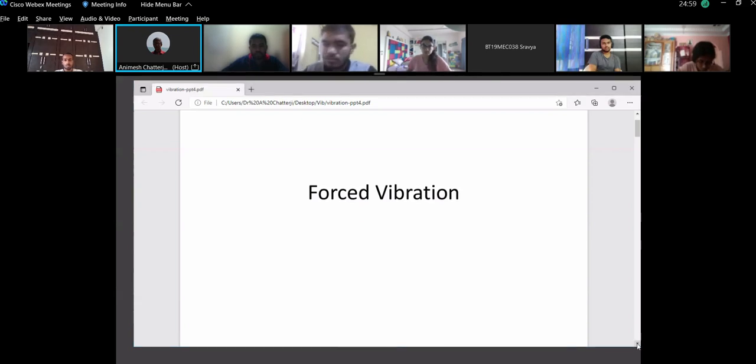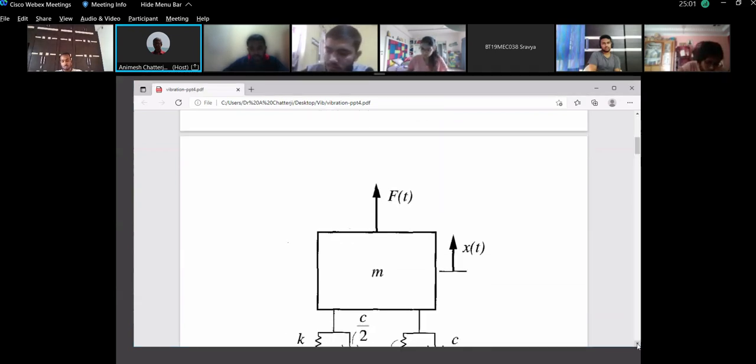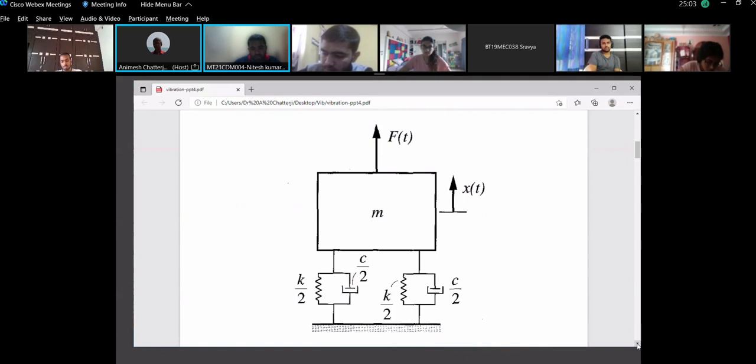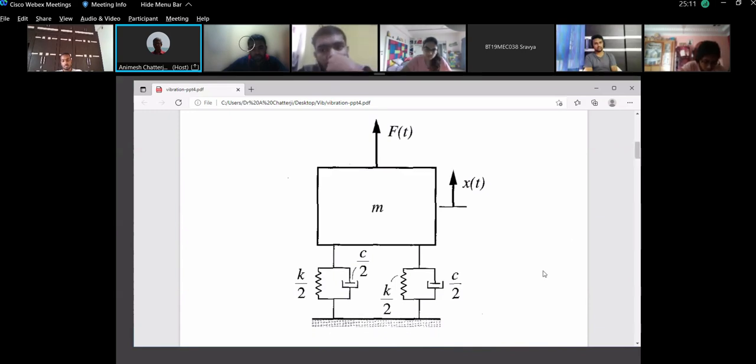तो चलो. This is the example. I mean, this is the picture. Now, a forced vibration picture need not be drawn like this. It could have been drawn with a single spring and single damping. हमने ऐसा क्यों किया?